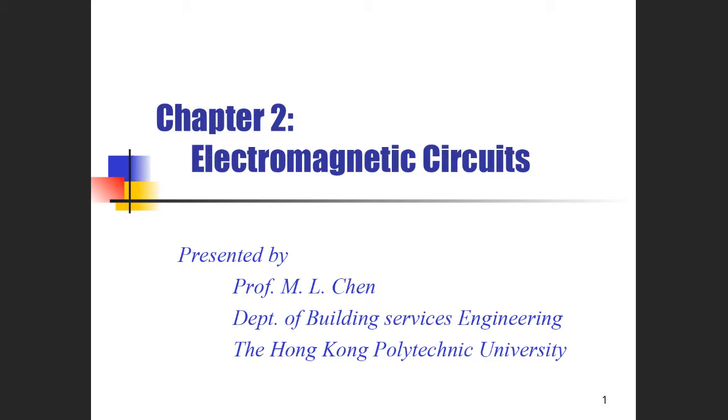So we say a charge Q produces electric field E, which points from positive charge to negative charge, right?